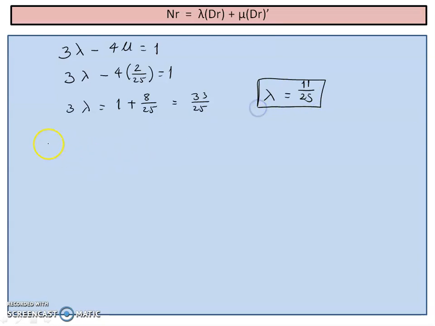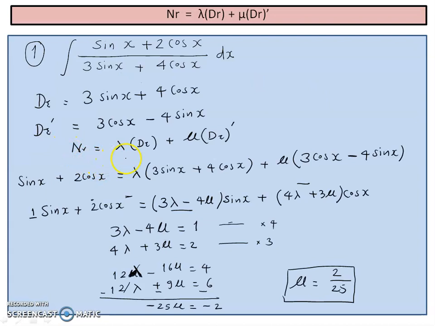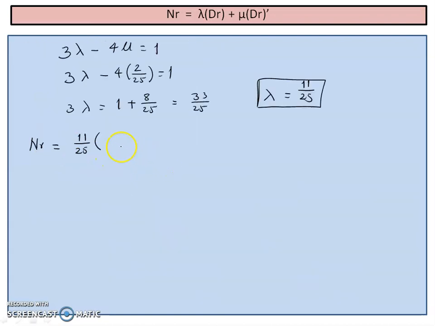Now I get numerator. Numerator will be what? Lambda 11 upon 25 into denominator 3 sin x plus 4 cos x, plus mu.